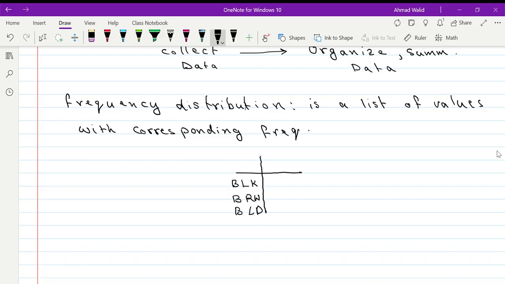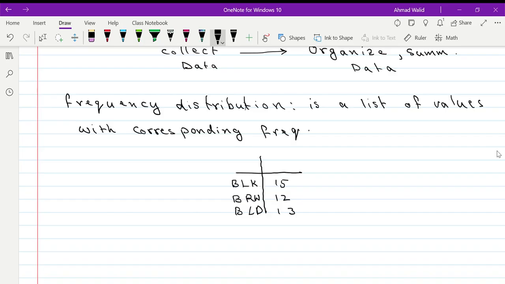Blonde hair. And you may answer me, oh, we have 15 black hair students, we have another 12 brown hair, correct? And we have another 13 blonde in this class.